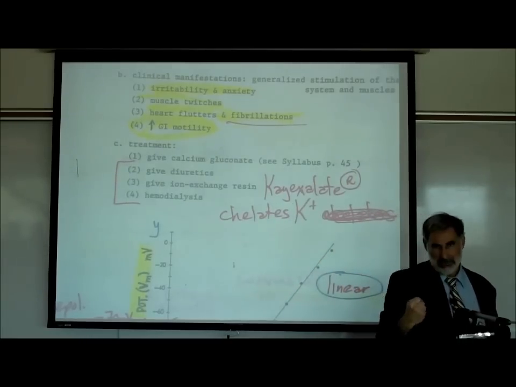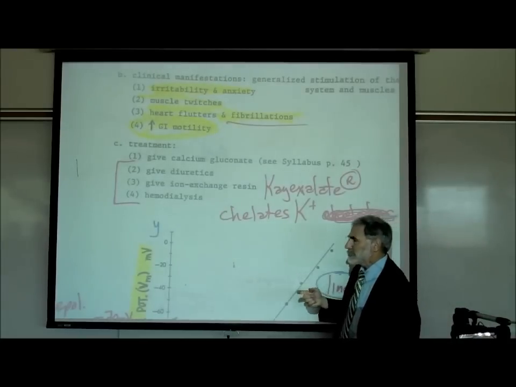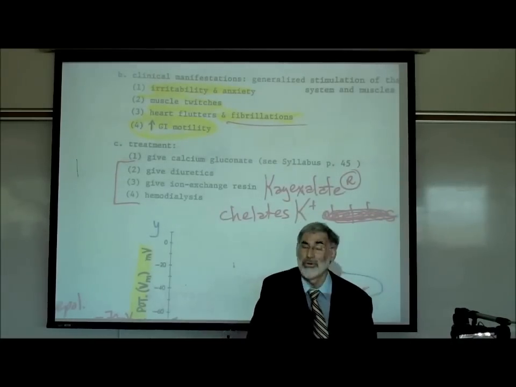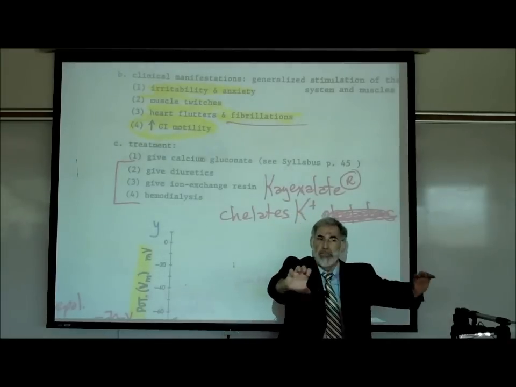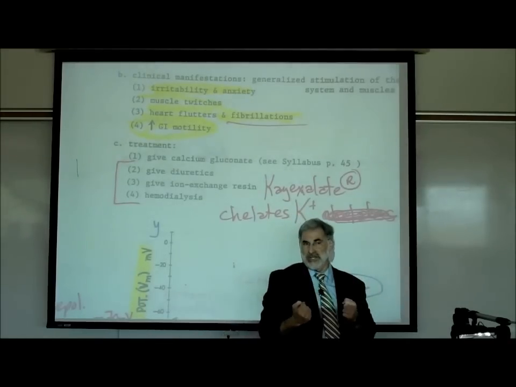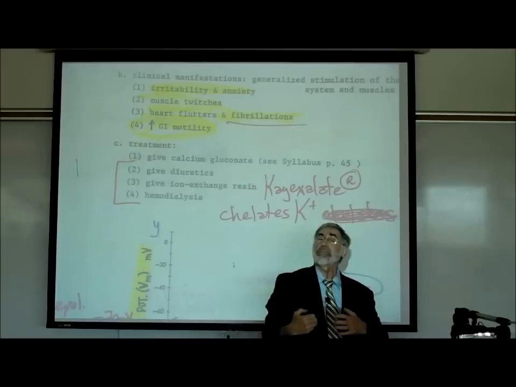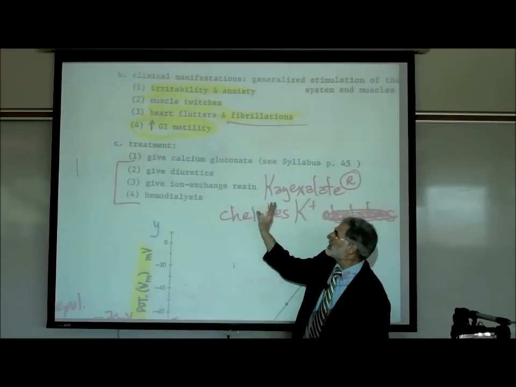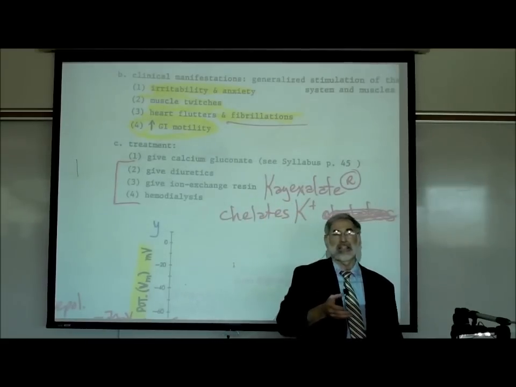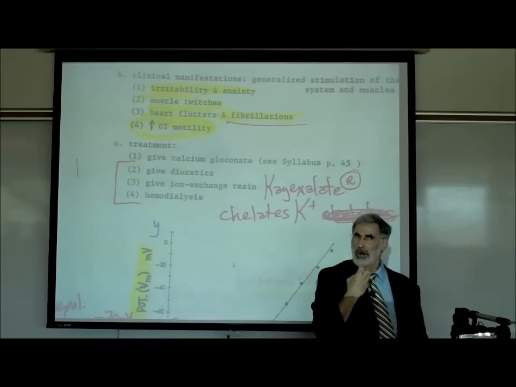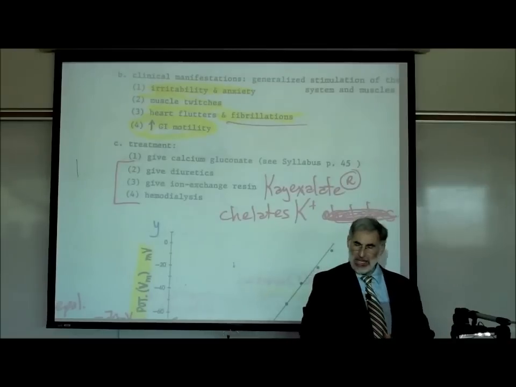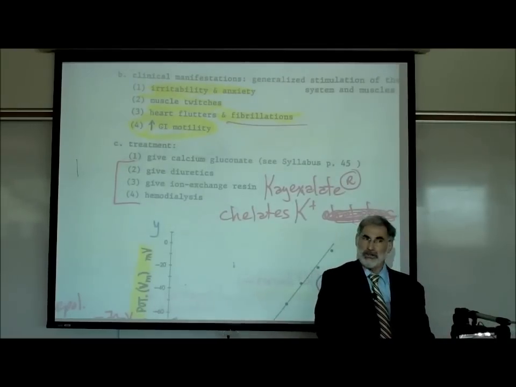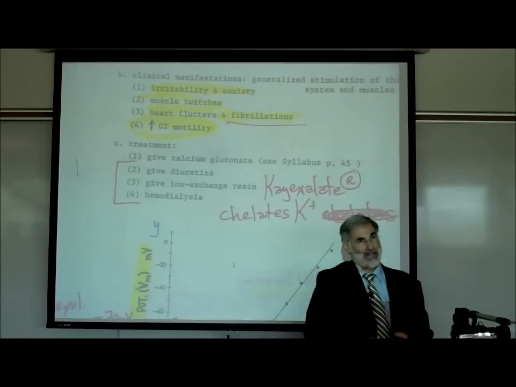Chelate means to bind. Now, we have told you, on that picture on the bottom of A2, that not only can what's in the alimentary canal be absorbed into the bloodstream, but what's in the bloodstream can go back out into the alimentary canal. What this ion exchange resin, or Kayexalate, does, you swallow it. It's like a jello. When it's in the intestine, it draws potassium out of the bloodstream into the alimentary canal.